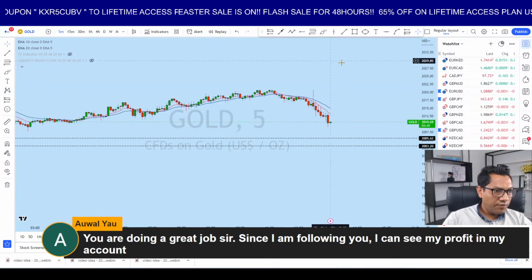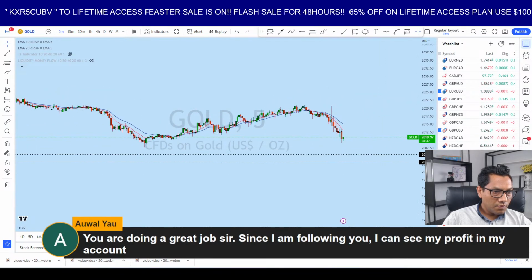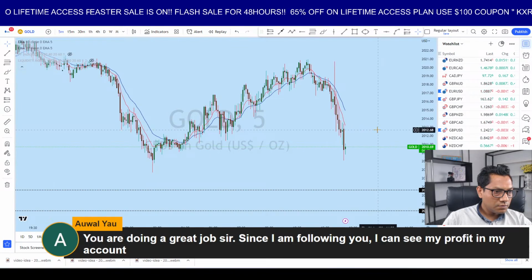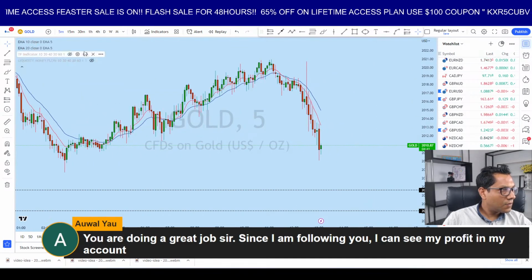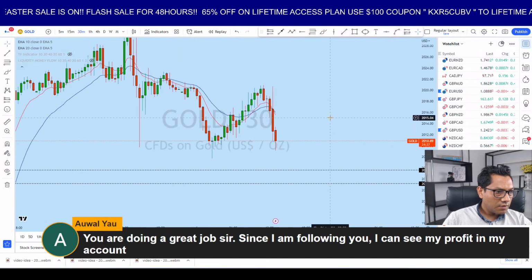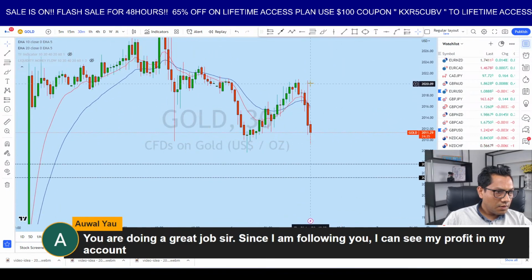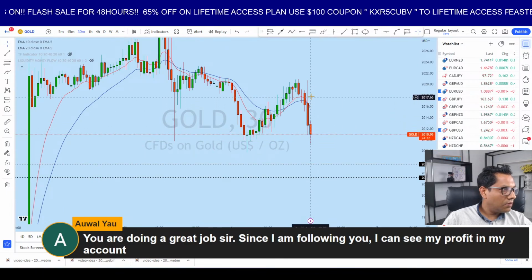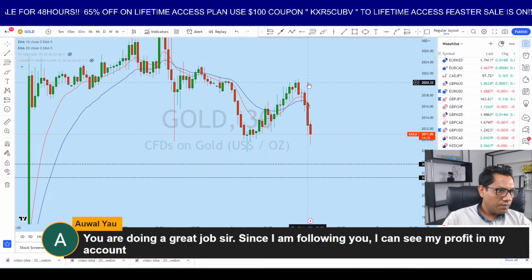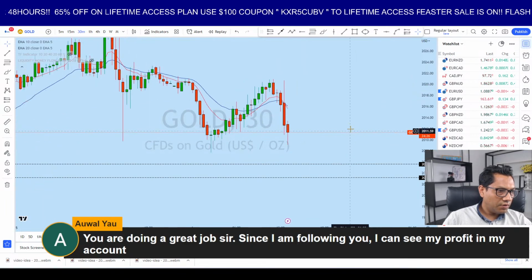So from the 5 minutes going to the 30 minutes, this candle on gold is a bearish engulfer.